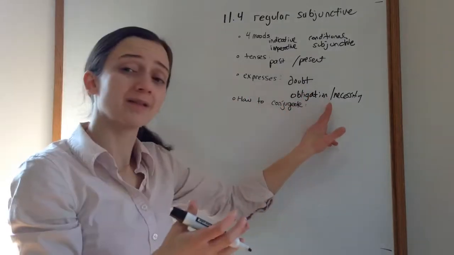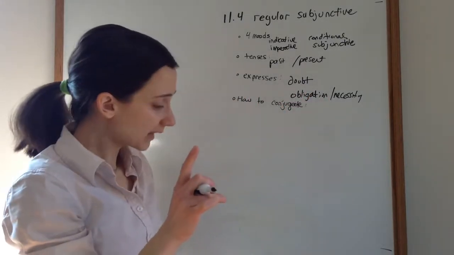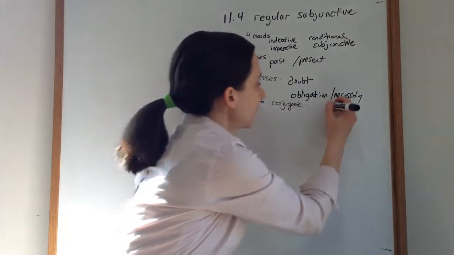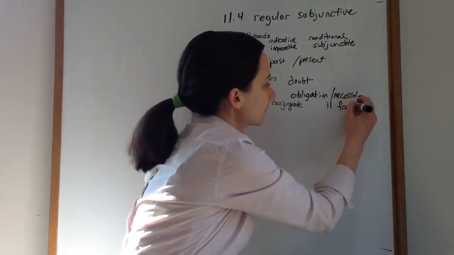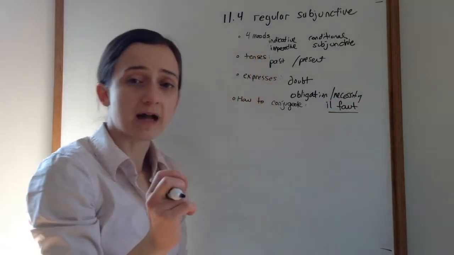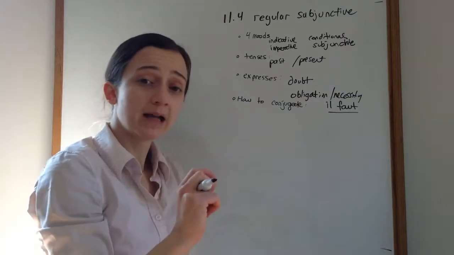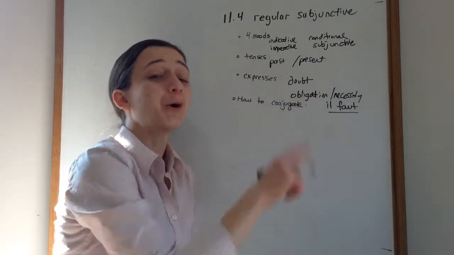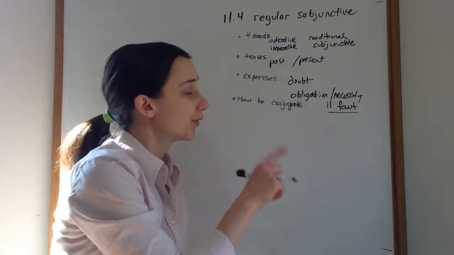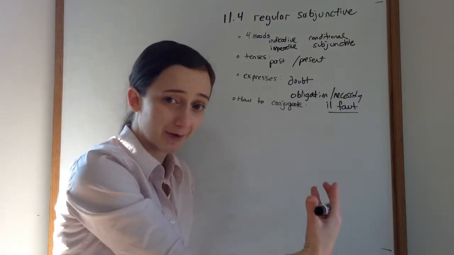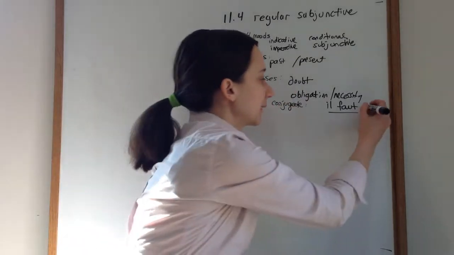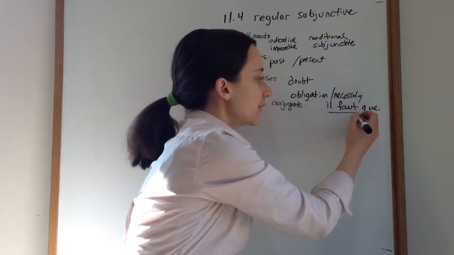And you've already learned that because it's il faut. Okay, you just learned that last chapter. Il faut. And we learned the workaround. We learned il faut and then plus an infinitive verb.